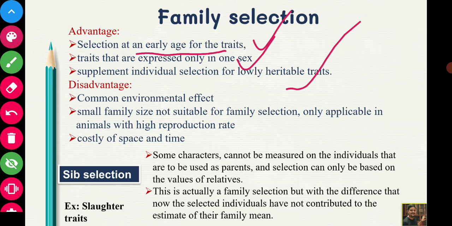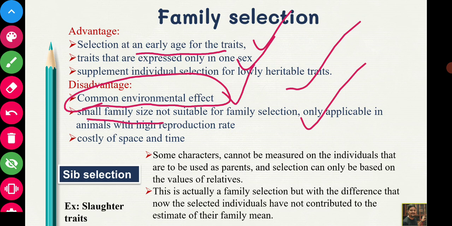Then what may be the disadvantages? The disadvantage is the common environmental effect. Because if there is common environmental effect, heritability will be high, and if heritability is high, you cannot perform family selection. Then the next one is small family size. We have already discussed that if there is small family size, there will be a chance of inbreeding and the intensity of selection will be less.